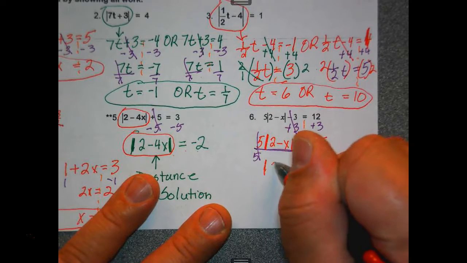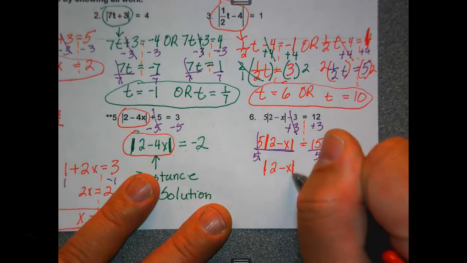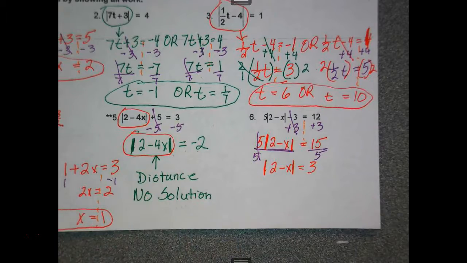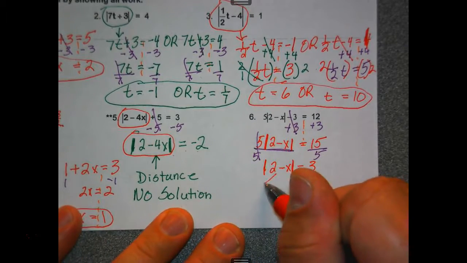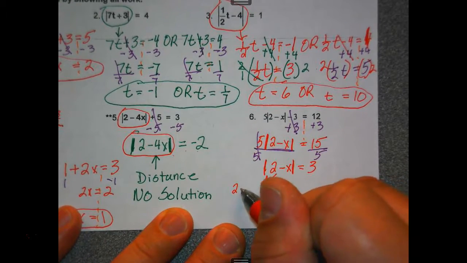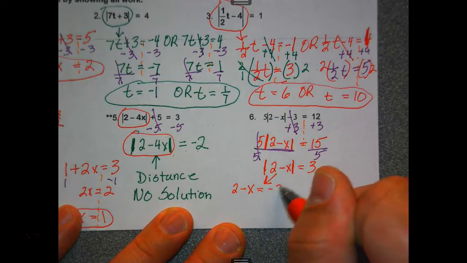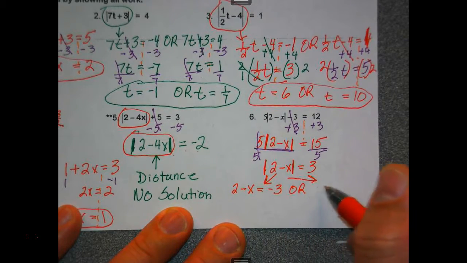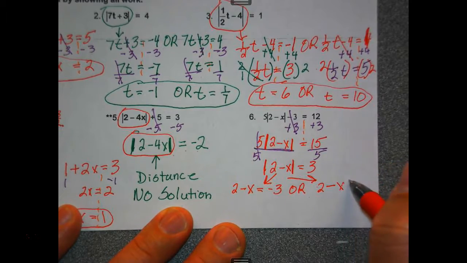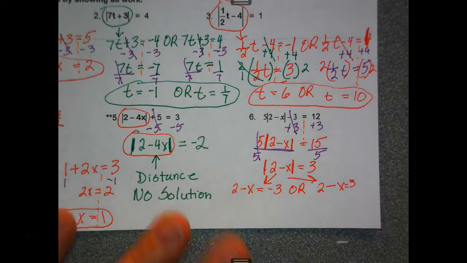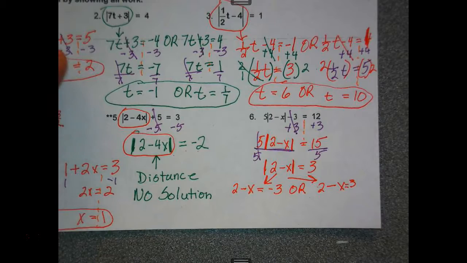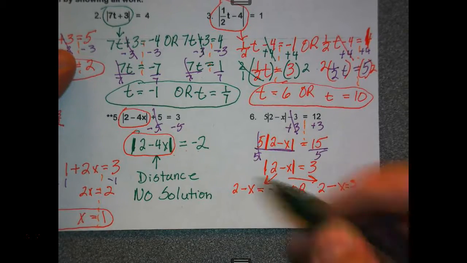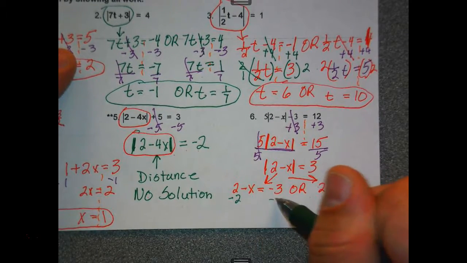I get the absolute value of 2 minus x equals 3. Now my absolute value is by itself. It equals a positive number. I'm good to go. Take what's inside, set it equal to the opposite of what's there, and take what's inside, set it equal to what's there. Solve each one separately. Subtract 2, subtract 2.